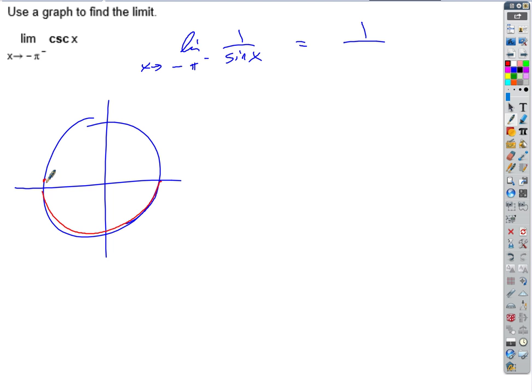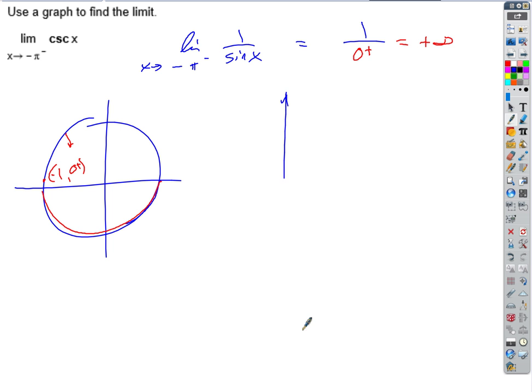So if we look at the coordinates of that point right there, well, the x-coordinate's about negative 1. What's the y-coordinate? 0 plus. And that's the one that we care about, isn't it? So we get 1 over 0 plus, which is what? Positive infinity.